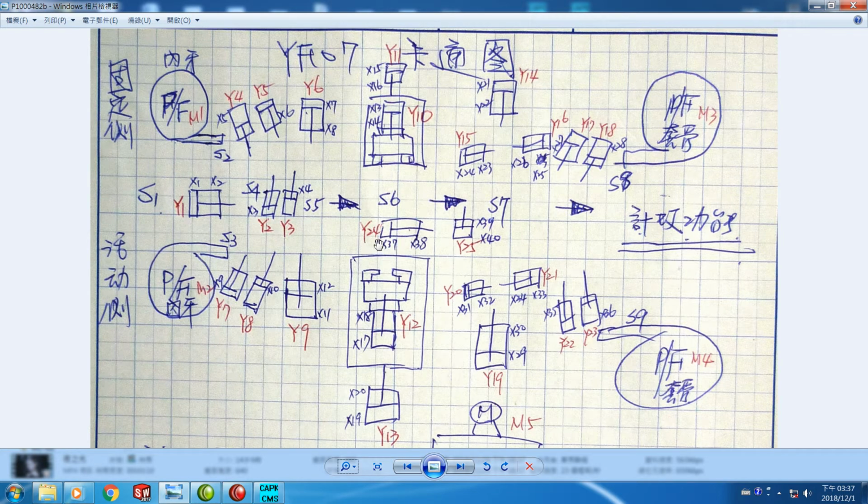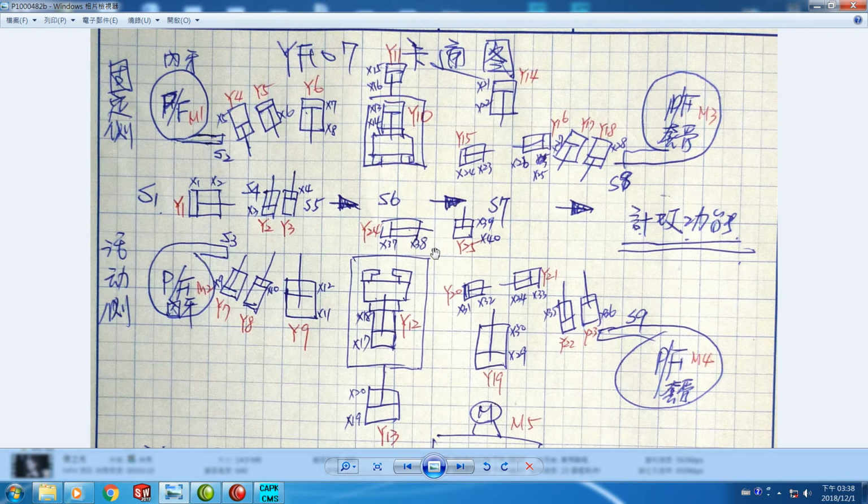Then Y24 is actuated to push the whole mechanism, including the 10 bars, in the X positive direction, 50 millimeters, to shift one distance.